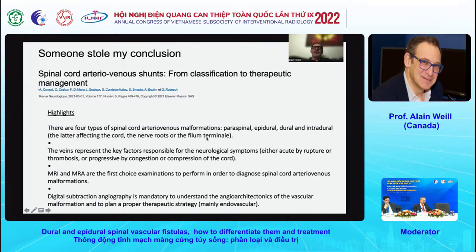Mainly, we will see that in intradural vascular malformation. MRI is obviously the first choice examination, the best examination for those, but digital subtraction is mandatory to understand clearly the angio-architecture and also the location.